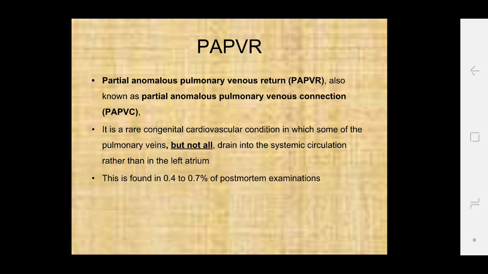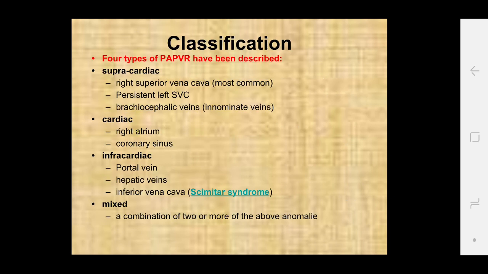Also, it's a rare type, and usually this is found in 0.4 to 0.7% of postmortem examinations. Sometimes the diagnosis becomes late, even in the third, fourth, fifth decades of life, if it is 1 or 2 vessels. It is also classified into 4 types: supracardiac, cardiac, infracardiac, and mixed type.